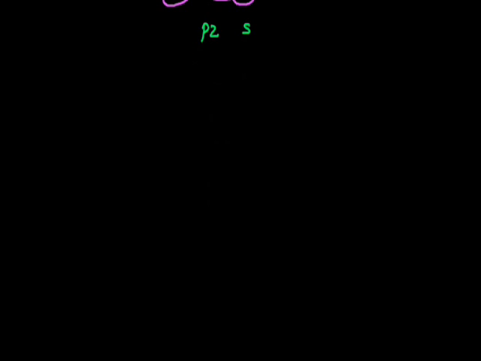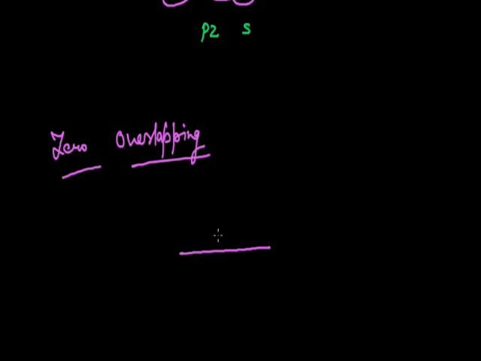Now if we look onto the example of zero overlapping, it is seen when, say, px orbital undergoes overlapping with s orbital, which is not possible at all.